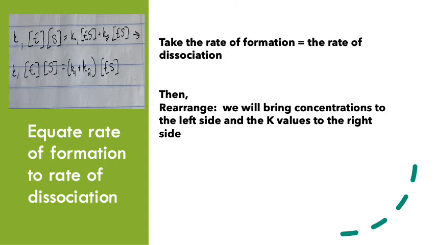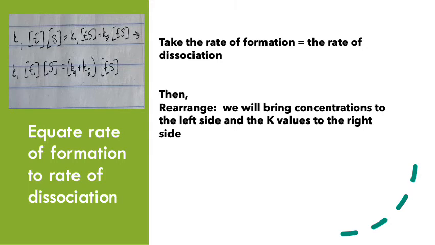You can see 2 equations in the upper left-hand corner. What we're doing here is taking the rate of formation we just talked about in the last slide and making it equal to the rate of dissociation.